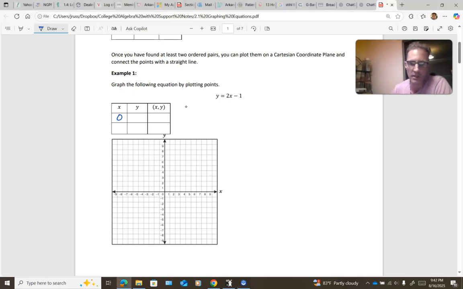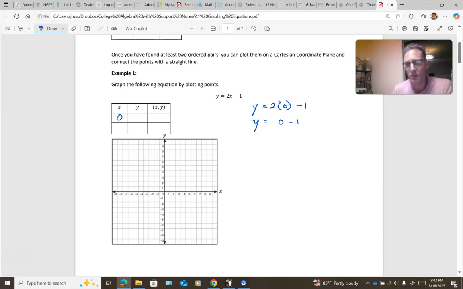And the reason is because if I rewrite my equation and I substitute 0 in for x, then when you're doing calculations with 0, especially with multiplication, they're a lot easier. Anything multiplied by 0 is always going to be 0. And so 2 times 0 will be 0. So we could write y is equal to 0 minus 1.